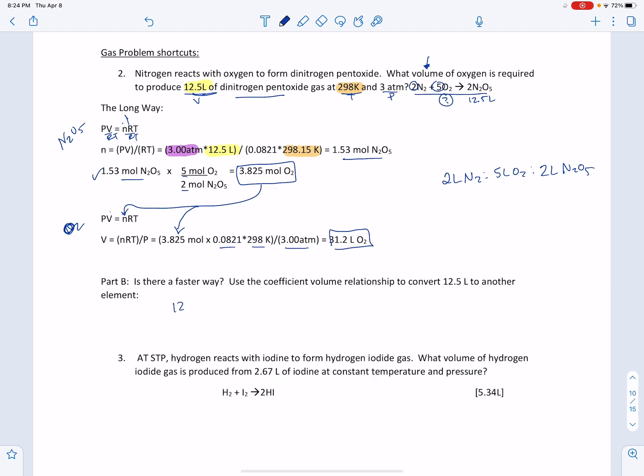So we'll take our 12.5 liters of the dinitrogen pentoxide, and we're going to say that in 2 liters of dinitrogen pentoxide, we have 5 liters of O2. You do the math on that, you're going to end up with 31.2 liters of O2. Wow, that was a lot less math.